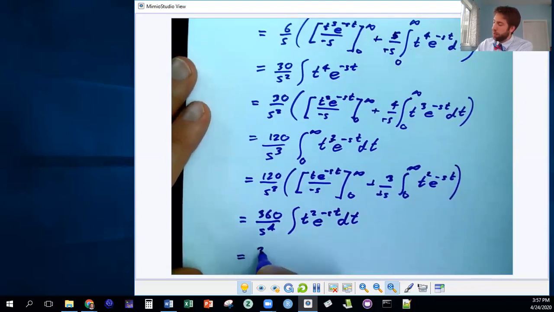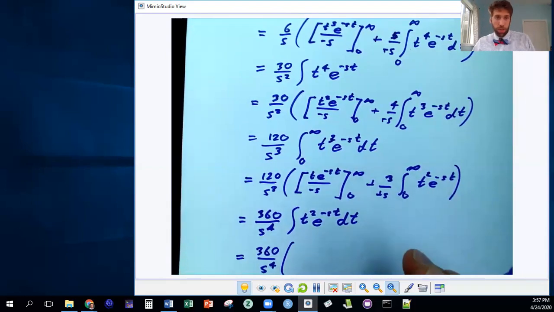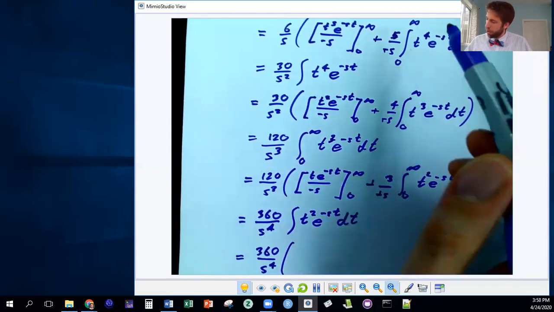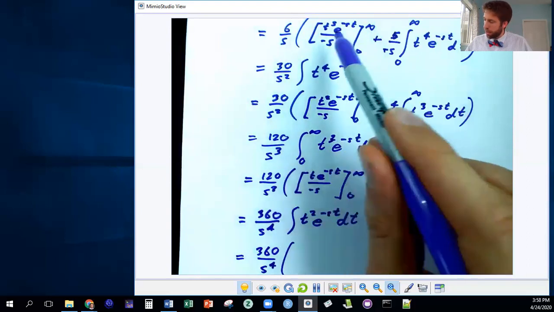Okay, yeah, we'll have to move on to a second piece of paper here. So that's 360 over s to the fourth times, let's see, it's always good to double check the work. So it started to the fifth, and then I factored that, and I did kind of two steps at once there.